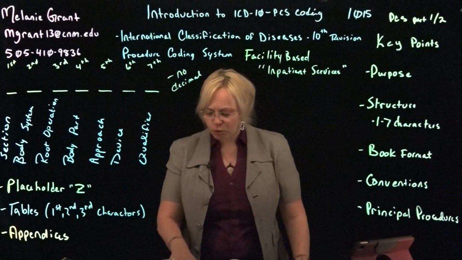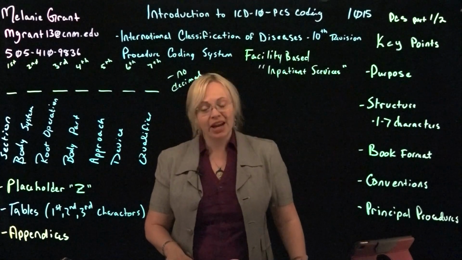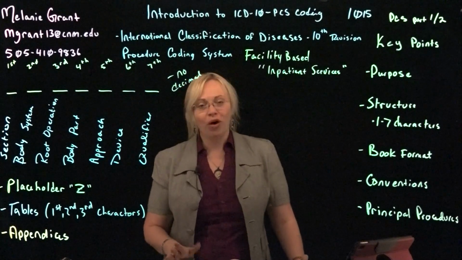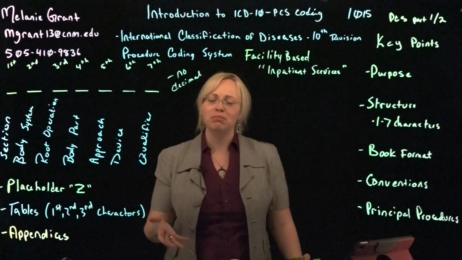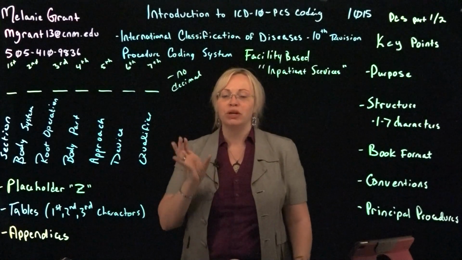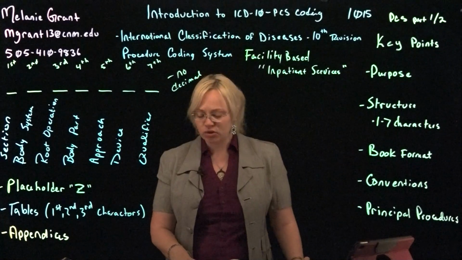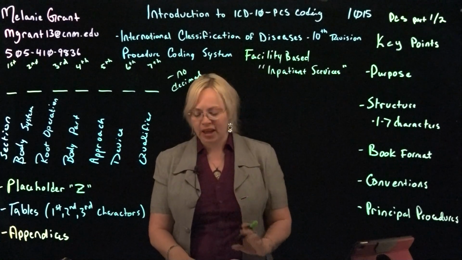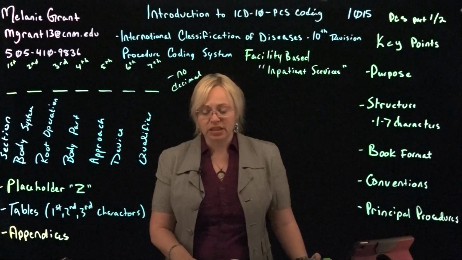Then we break down 1 through 9 and B, C, D, F, G, H, and X for all the other different types of services that are considered medical and surgical related, but not necessarily a surgery or a procedure. So you have specific services for obstetrics because those are so unique, they have their own section. You have a specific service for placement.